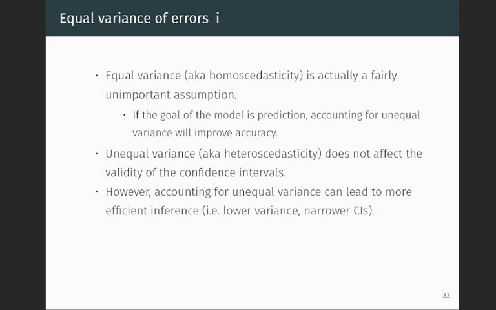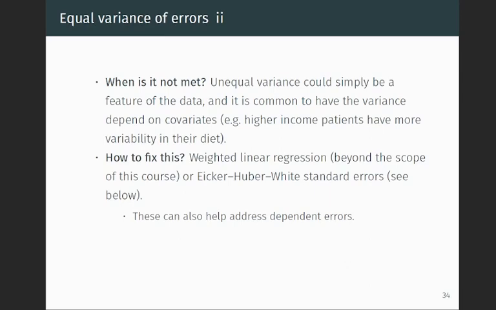Okay. So when is this assumption not met? Well, it happens quite often, and often it's also a feature of the data. So it's not something that you can really control. So it's common to have the variance depend on the covariates, for example. And I'm giving an example here. So higher income patients may have more variability in their diet.